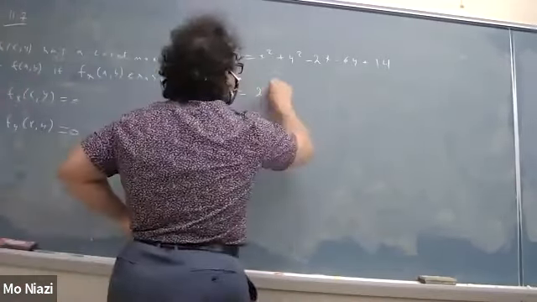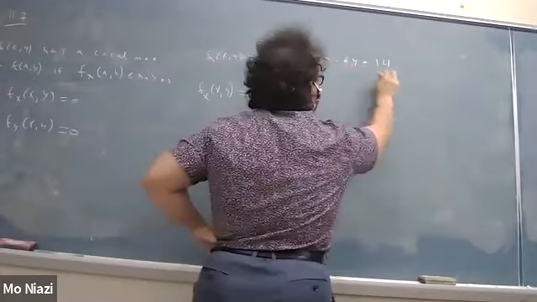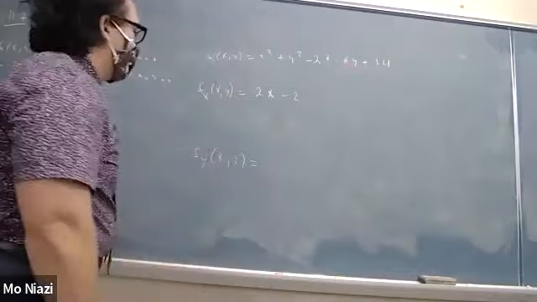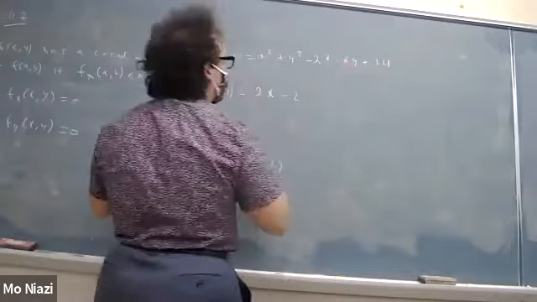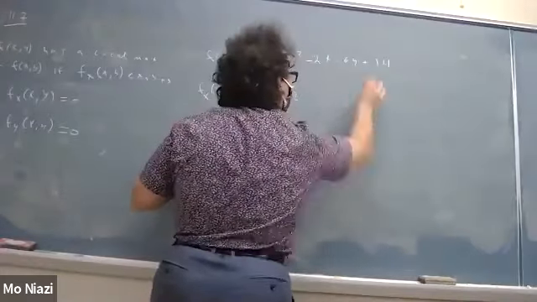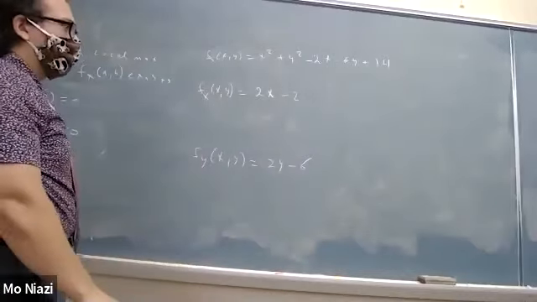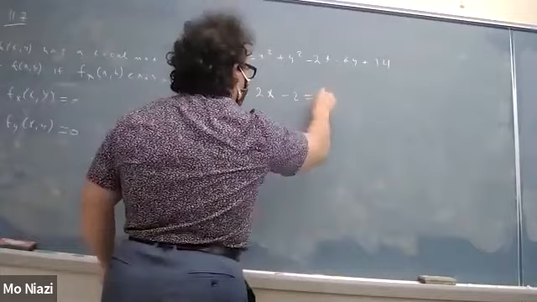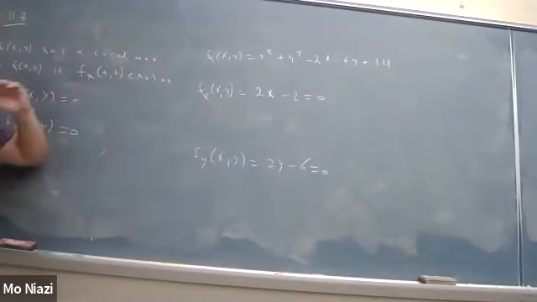This is a 2x. That goes away. It becomes a minus 2. That goes away. That goes away. Right? And then this becomes a 2y. This goes away. This goes away. This becomes a minus 6. That goes away. Okay. Then, just like in Calc 1 and 2, we set these equal to 0 because these really are slopes.